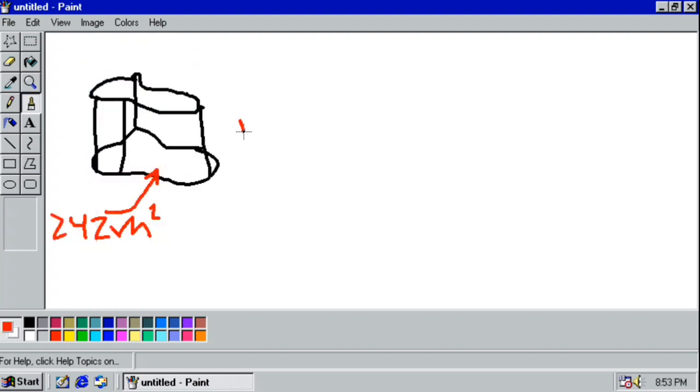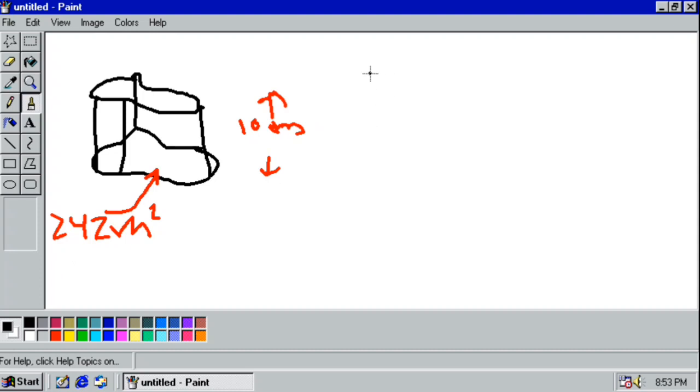So let's have a little practice problem here. Let's say we have this irregular cylinder here. The area of the base of this cylinder is 242 square meters. So find the volume. You can try it if you want. The volume of any cylinder equals the area of the base times its altitude. So it's just the base times the altitude.